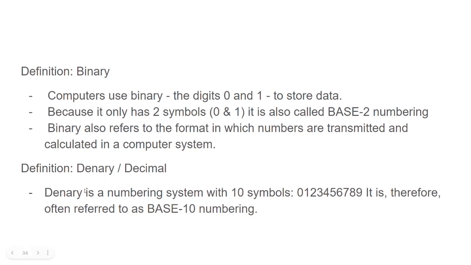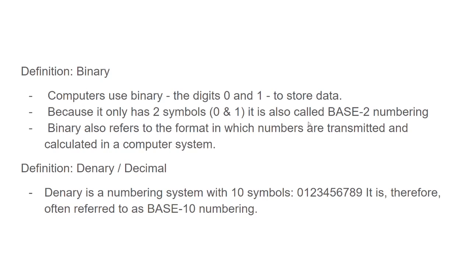Decimal is what we humans use. Denary is a numbering system with 10 symbols: 0, 1, 2, 3, 4, 5, 6, 7, 8, and 9. It is therefore often referred to as a base 10 numbering system.